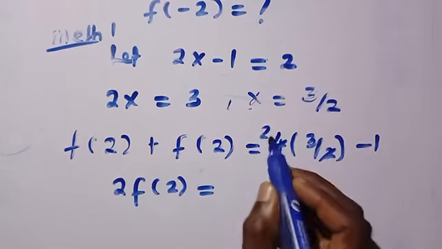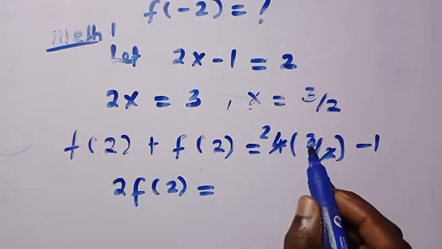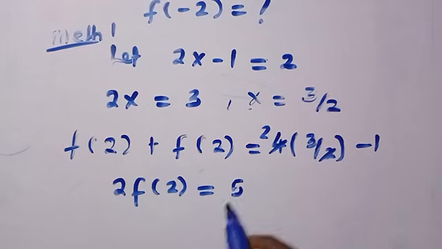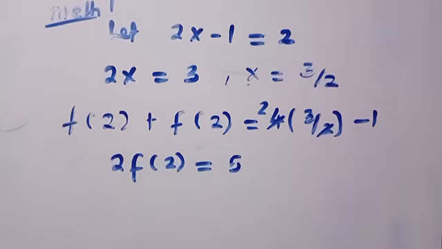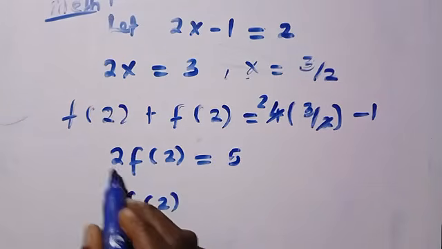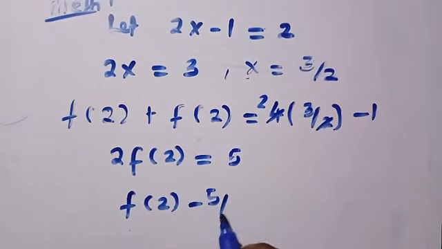That gives us 2. And 2 multiplied by 3, that is 6. Then 6 minus 1, it gives us 5. And from here, by making f of 2 the subject, we are going to have 5 divided by 2 as f of 2.